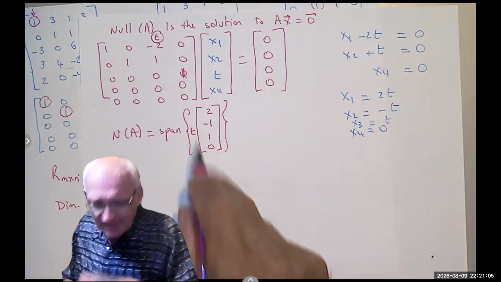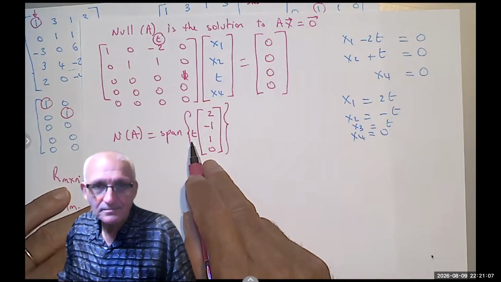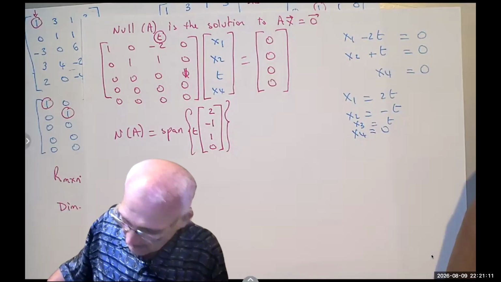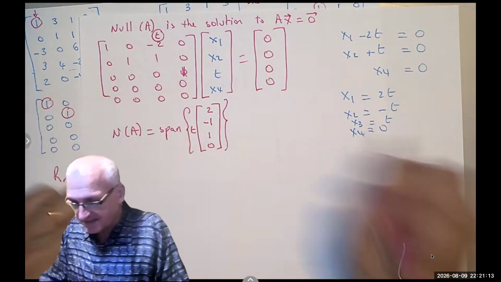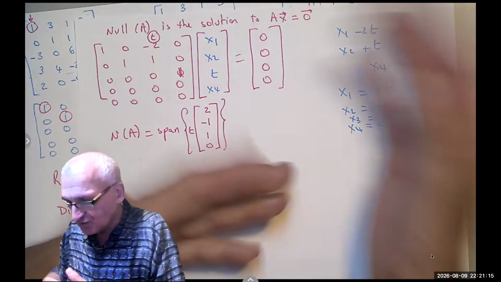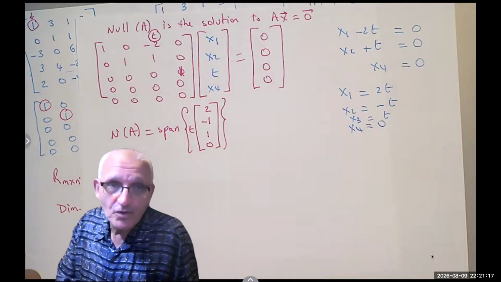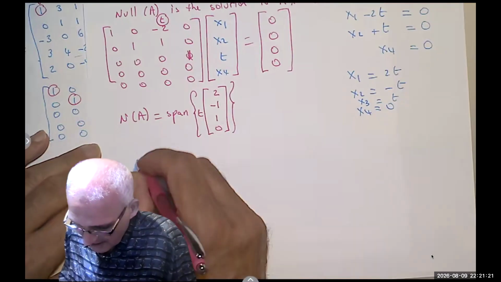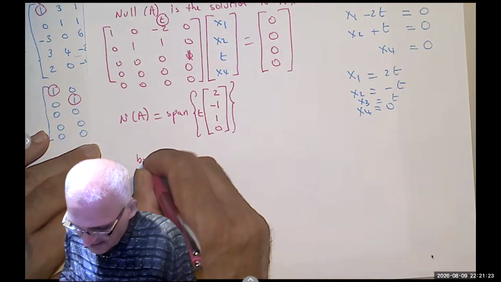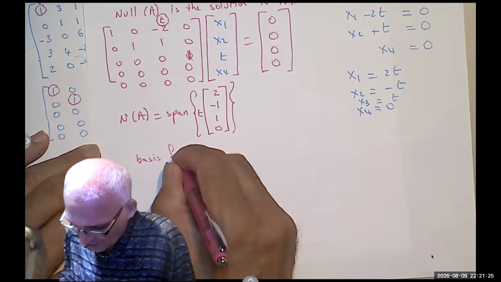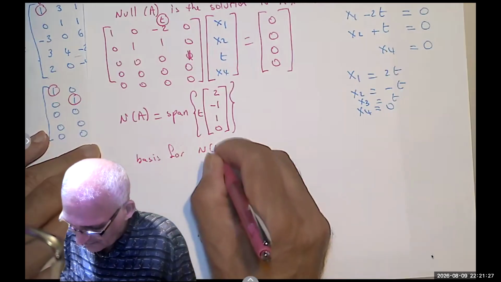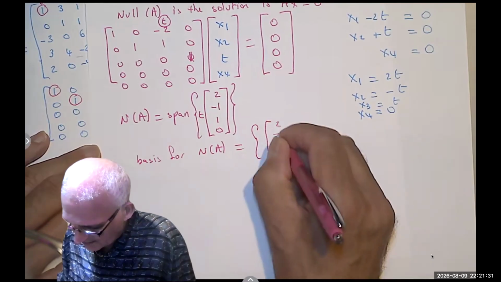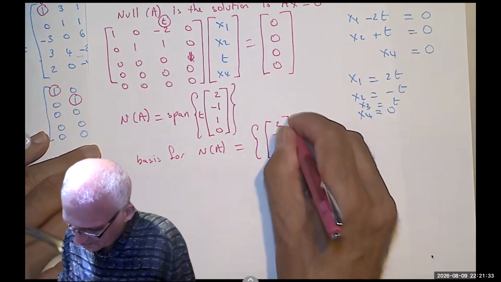Meaning, if I pick any value of t, and I multiply these by the values of x1, x2, t, and x4, I will always get 0. That's why we call it the null space. And of course, a basis for the null space of A is simply this vector 2, negative 1, 1, 0.